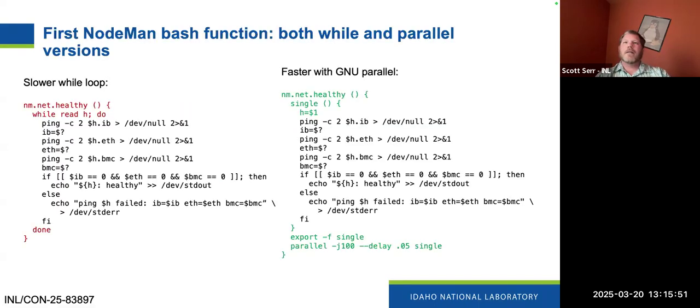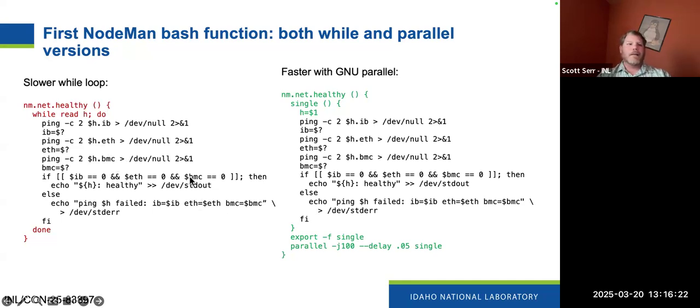So here's kind of the first NodeMan function that I built, that I remember anyway, a network health check. Just, can I ping all the interfaces, the InfiniBand or OPA, whatever fast fabric here, and then the Ethernet interface, and then the BMC of a host.